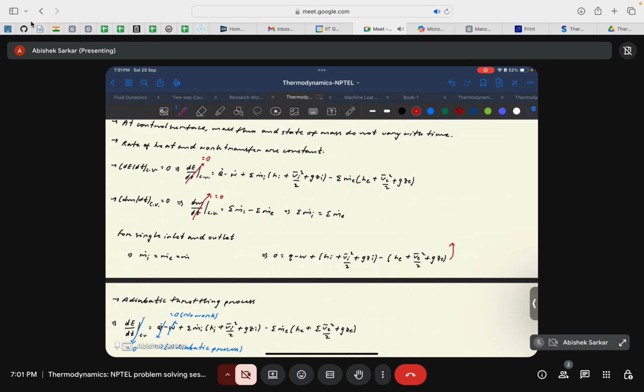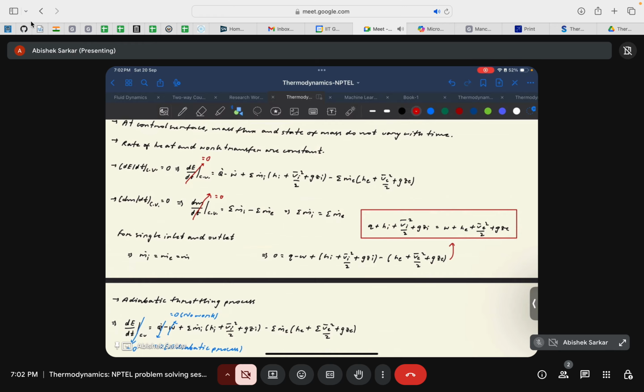We can write something like q plus hi plus vi square by 2 plus g zi equal to w plus he plus ve square by 2 plus g ze. Sorry, let's use a proper box. So this is the steady flow energy equation for a single inlet and outlet.